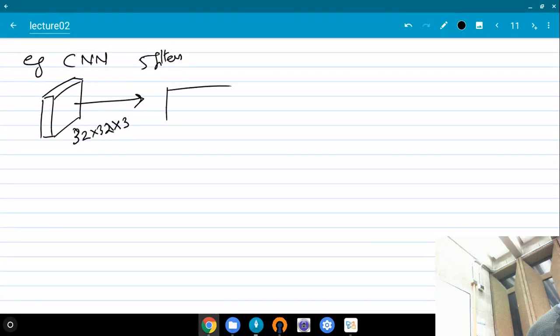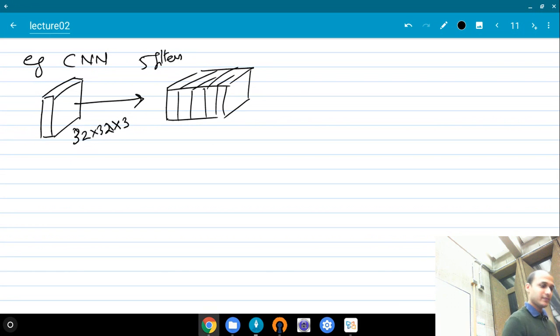Because I use 5 filters, there will be 5 slices, 1 slice per filter. I didn't tell you what the spatial stride is, like how many neurons each cell is looking at. We can do that computation, but that's not very critical. So let's just say this is 12 cross 12 cross 5. Okay, that's this tensor.